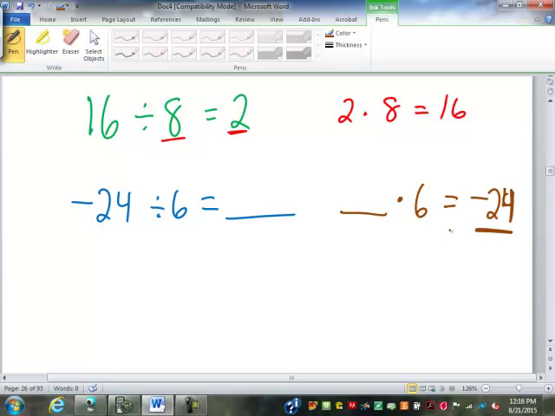Well, since this is negative and this is positive, this one has to be negative. A negative times a positive to get a negative. And of course, what times 6 is 24 is 4. So that has to be a negative 4. You can see 24 divided by 6 would be a 4, and it's negative because of the signs.